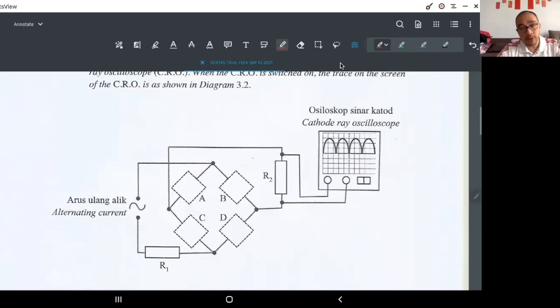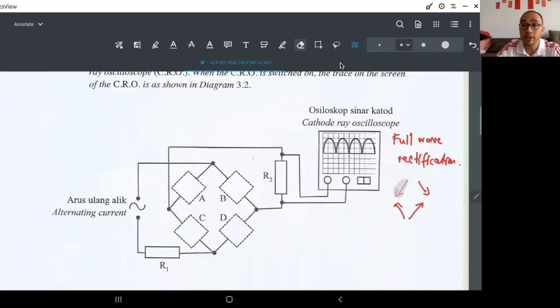The easiest way to remember full wave rectification is to remember that the diodes must be like this. Sorry, my bad. It'll be up, down, and down, up.